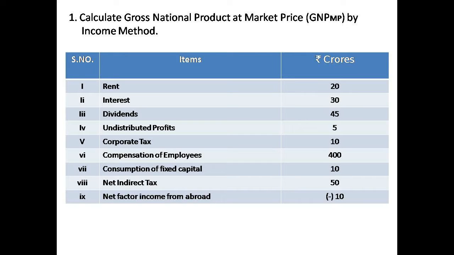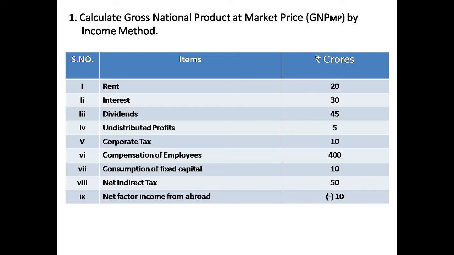Rent is given, interest is given, dividends is given, undistributed profit is given, corporate tax is given, compensation of employees is given directly. Consumption of fixed capital, what is consumption of fixed capital? Depreciation. Net indirect tax, NIT, is given. Net factor income from abroad is also directly given in the problem. So COE is given in the problem directly, 400.